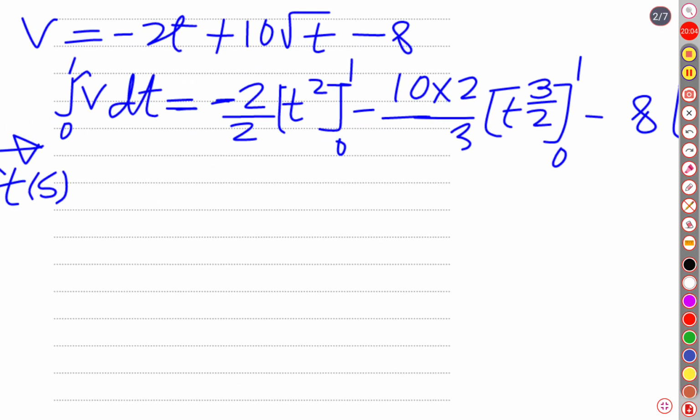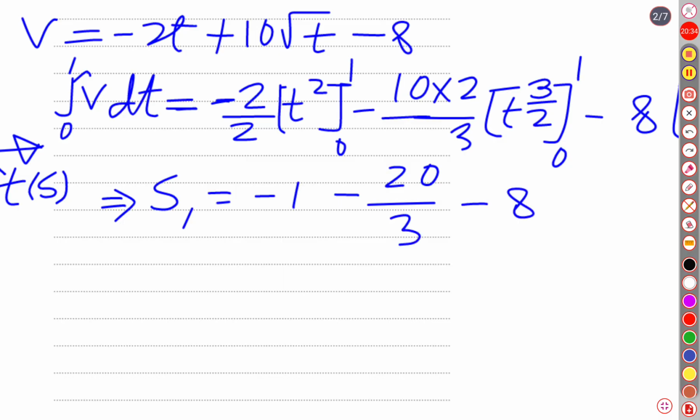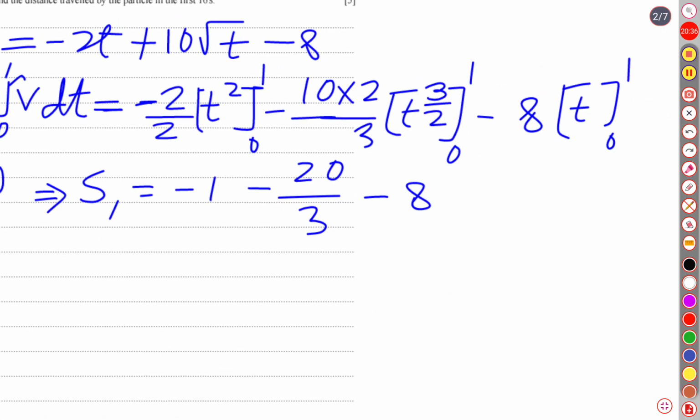So let us do this calculation. We can symbolize this as S1, I mean the displacement in the first phase. It is going to be -1, and t squared means actually it's 1, so -1, minus, it is going to be 20 over 3 minus 8. 8 into 1 is actually 8. Look at this, 1 minus 0 means 1, so 8 ones are 8.